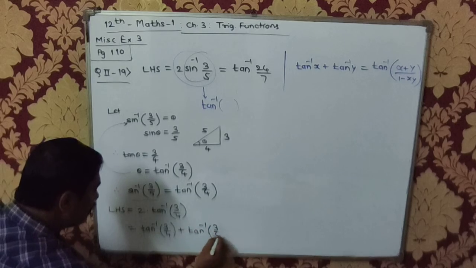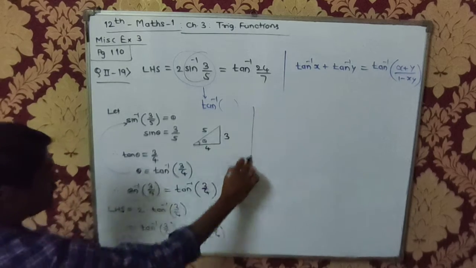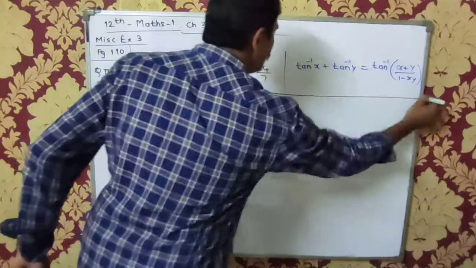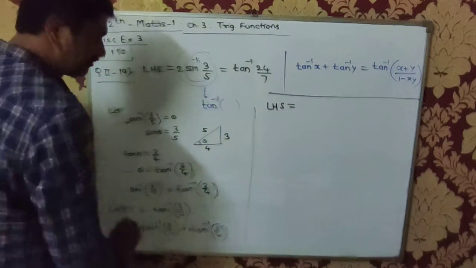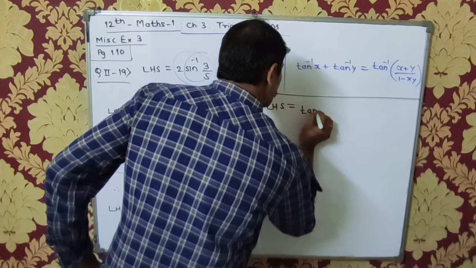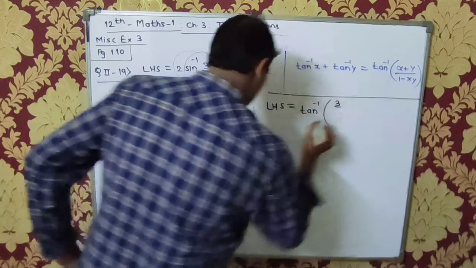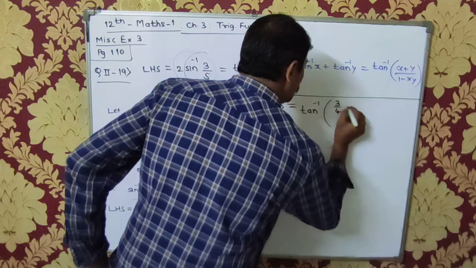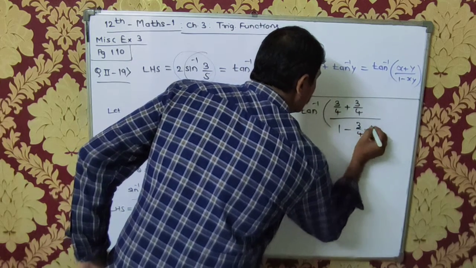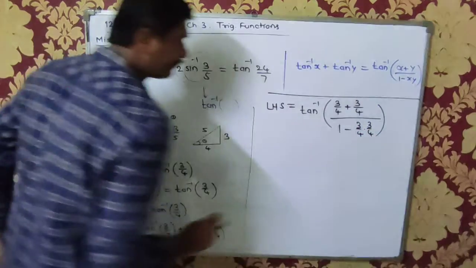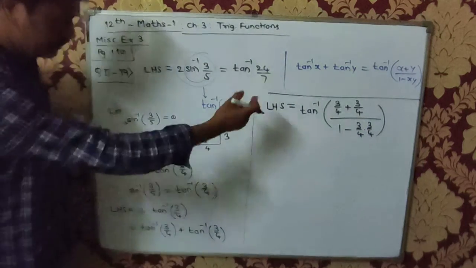And now very easily I can use that formula. So when I use this formula, what do I get there? Therefore LHS is equal to, बताइए, tan inverse of x plus tan inverse of y. So this is tan inverse of x plus y, 3 by 4 plus 3 by 4, divided by 1 minus x into y, 3 by 4 into 3 by 4. Check if it is clear to you.